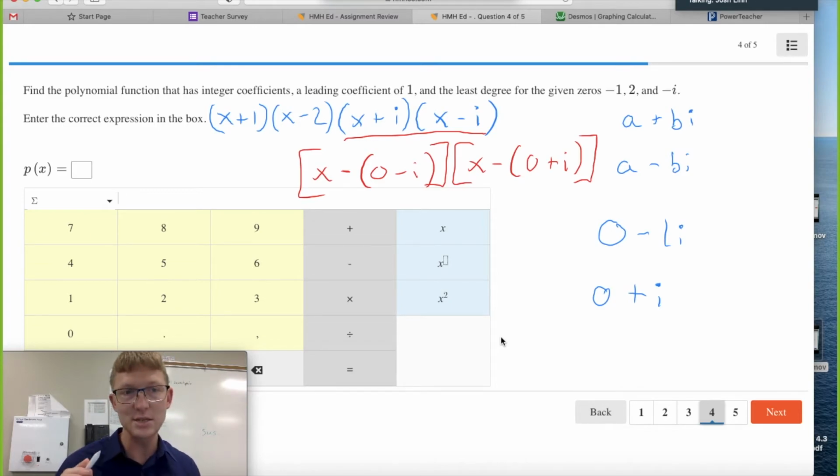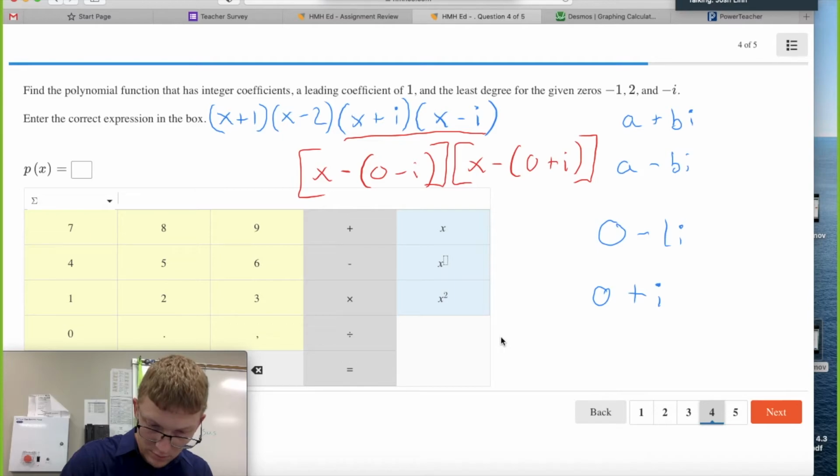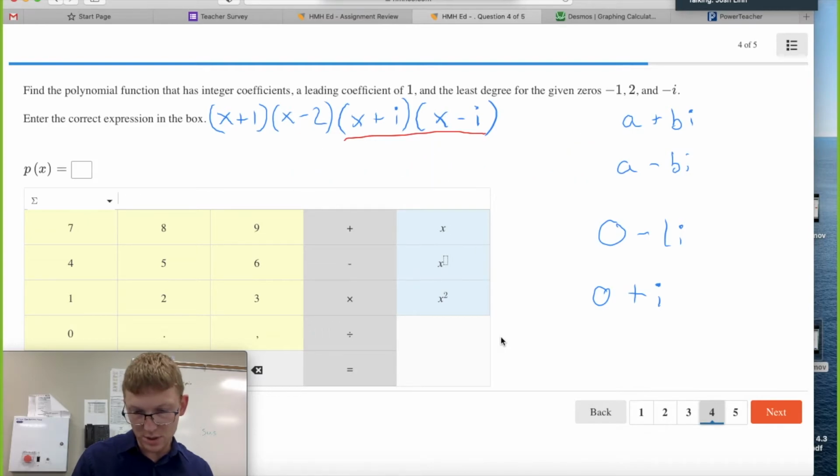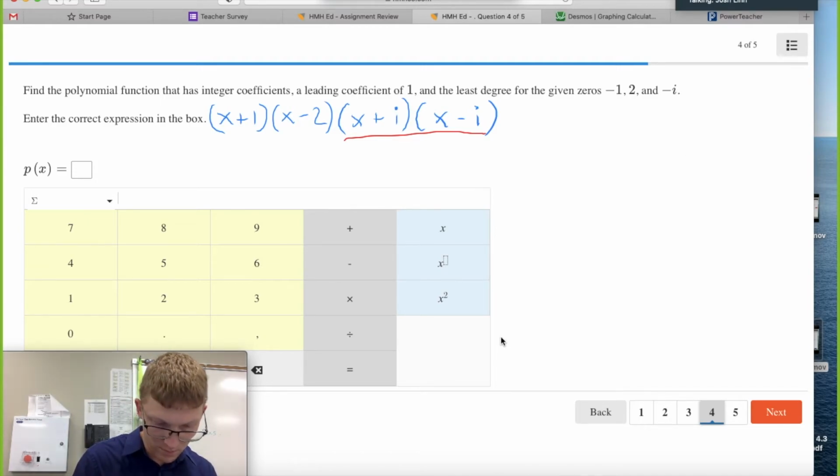So I want to make sure that you guys don't make the same mistakes I do. And then you can, again, double check me. We distribute the negative sign in through there. So then we get x plus i. And then we distribute the negative sign through there, x minus i. So I want you to know that this part is happening because it is the same process for both imaginary and irrational functions.